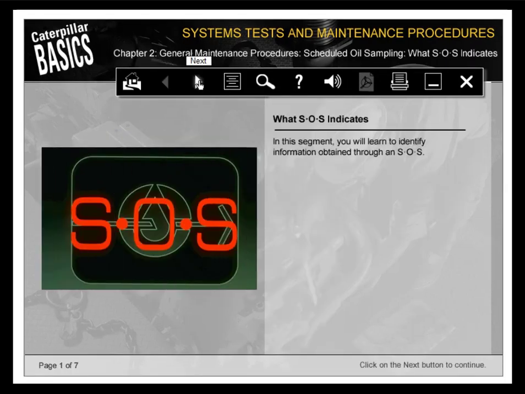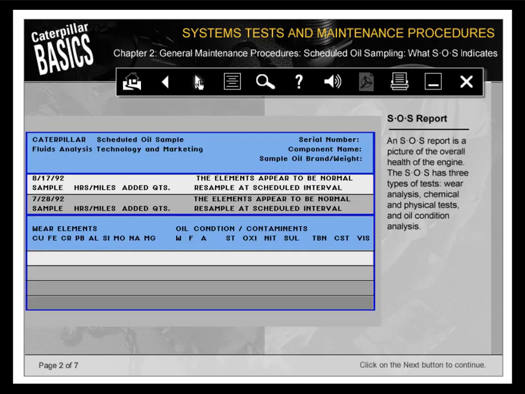In this segment, you will learn to identify information obtained through a scheduled oil sampling. An SOS report is a picture of the overall health of the engine. The SOS has 3 types of tests: wear analysis, chemical and physical tests, and oil condition analysis.